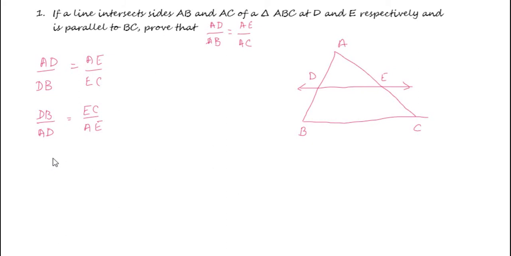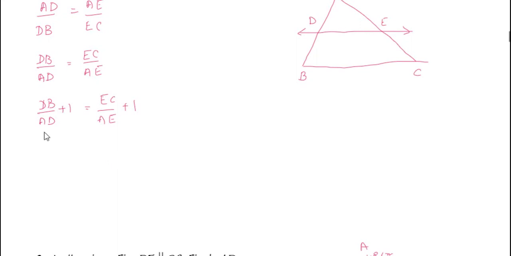Now add 1 to both sides: DB divided by AD plus 1 equals EC divided by AE plus 1. The LCMs are AD and AE. So DB plus AD over AD equals EC plus AE over AE.